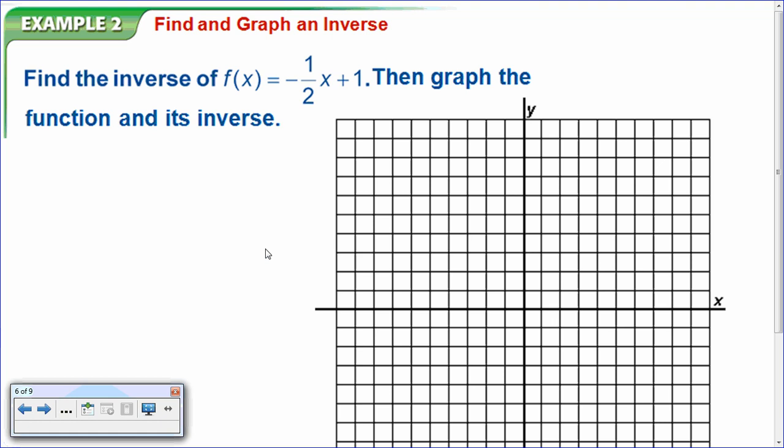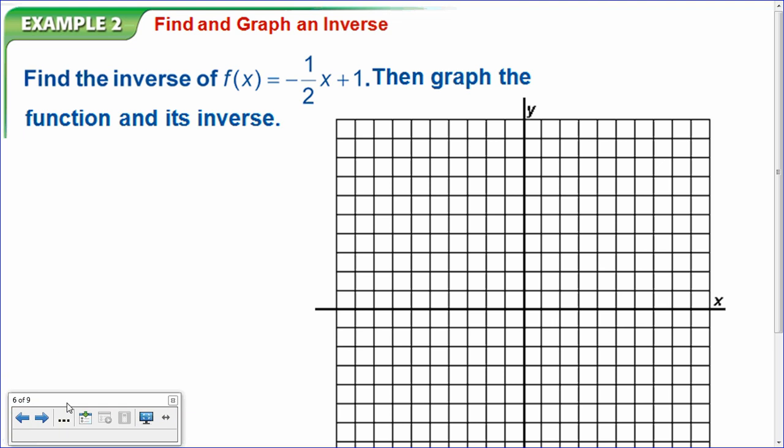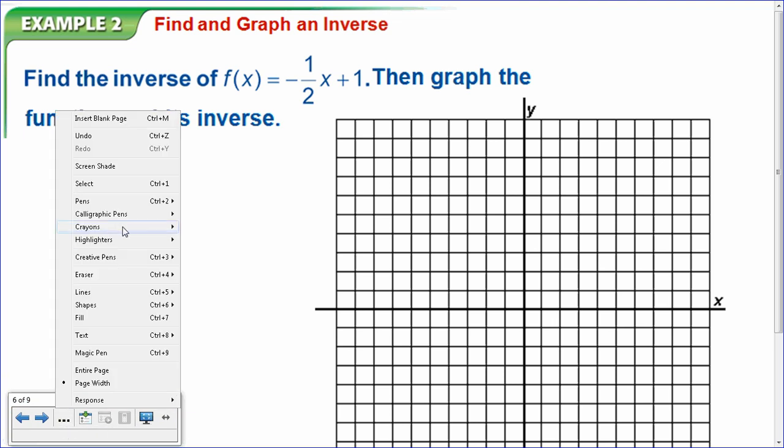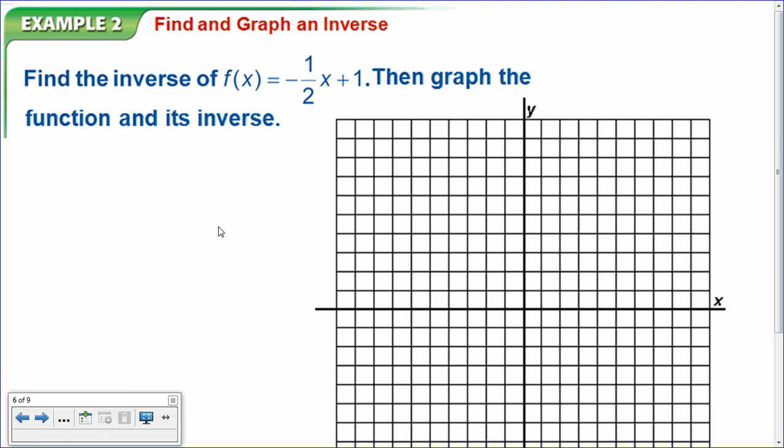All right. Now, when you're asked to graph, first of all, we've got to find the inverse of this function and then graph the inverse and its original function. So when you're asked to do this, what you need to do, first of all, just like we did before, we're going to take that f of x, which is actually y. So we're going to change the f of x to a y.